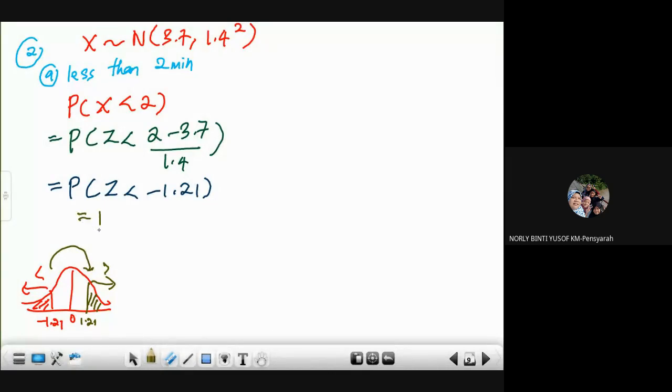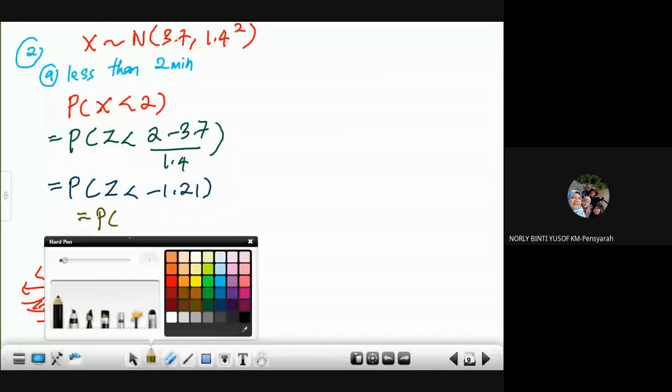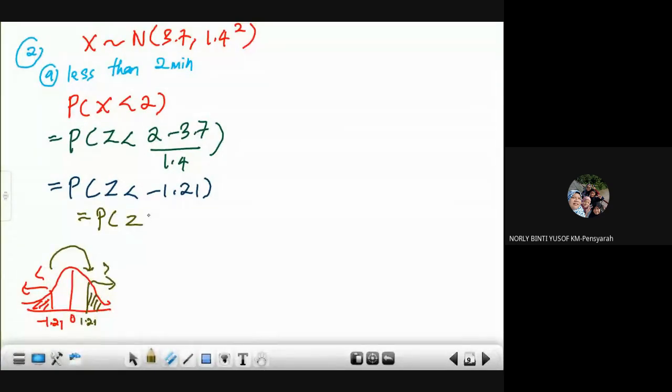Jadi kat sini akan jadi Z greater than 1.21. Once you understand, you terus tulis dia adalah greater than 1.21 sebab you tahu konsep symmetrical. Kalau you tak faham, that's why madam lukis graph ataupun shape normal tu so that you understand that you cannot read table for lesser sign lah. And then Z negative pun tak boleh kan. Sebab itulah konsep symmetrical kat sini, same area.